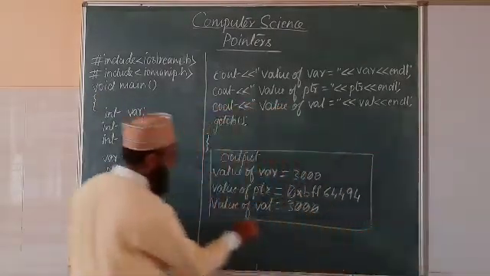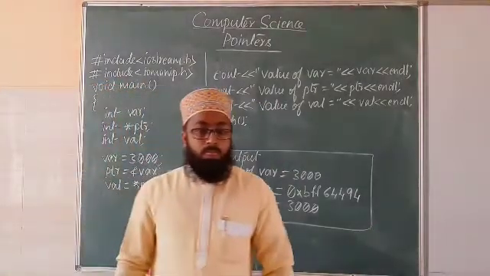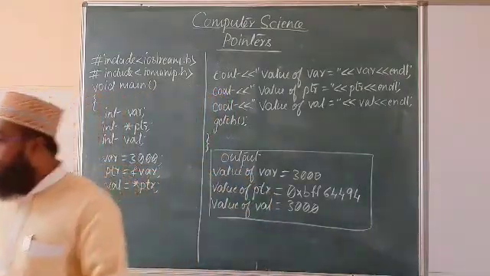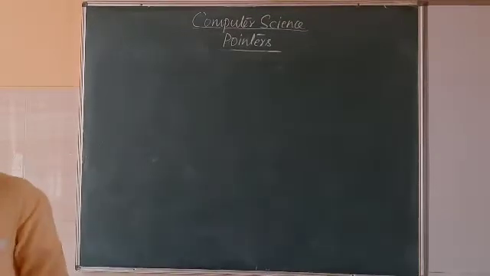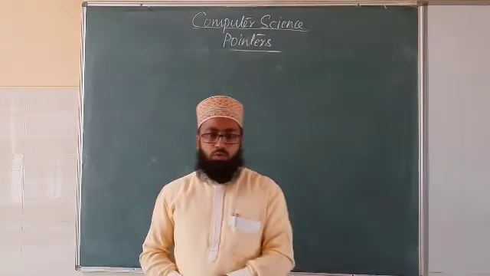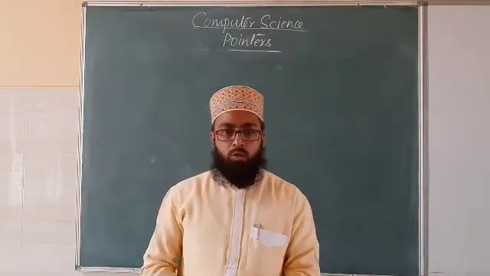So I hope you have understood the working of the address of operator and the indirection or pointer operator. So far we have discussed the ampersand, that is the address of operator, and the pointer or indirection operator.